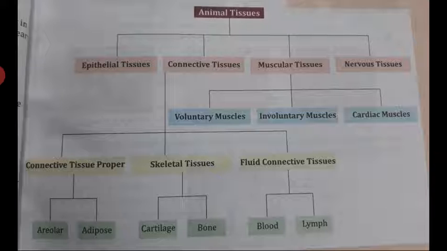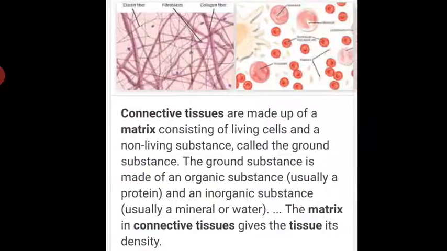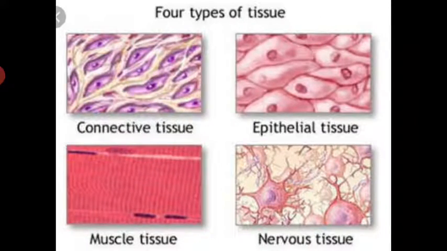On the basis of type and function of the cells, animal tissues can be grouped into four basic types. So there are four different types of animal tissues. They are epithelial tissues, connective tissues, muscular tissues, and nervous tissues.